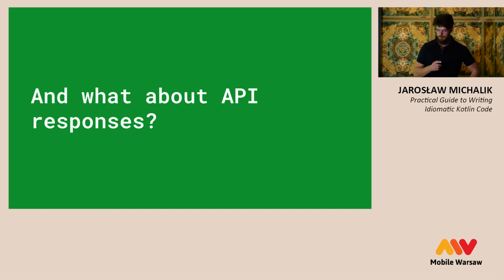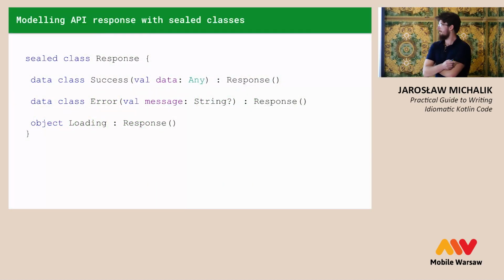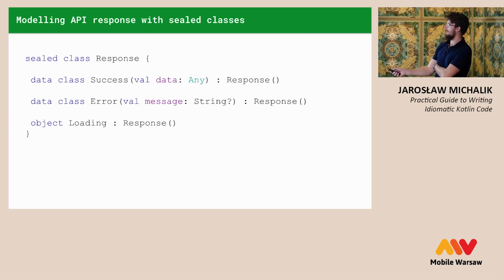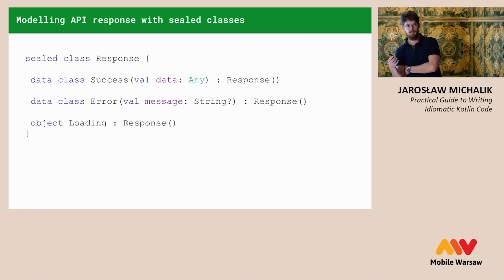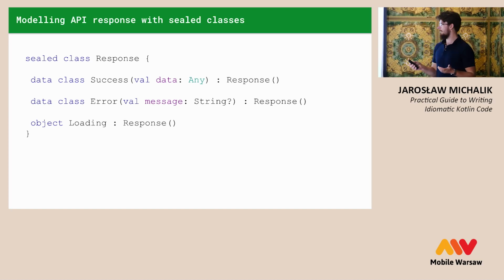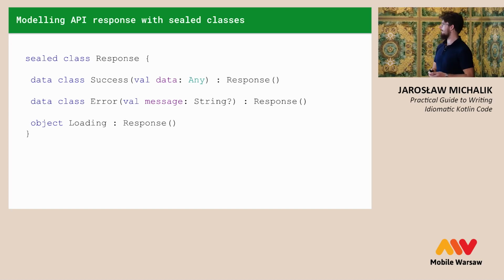API responses. Now we will talk about generics. So you know that kind of code. We have response, success, error, loading. We can treat it as an API response or some state of our screen for Compose, data binding, whatever.